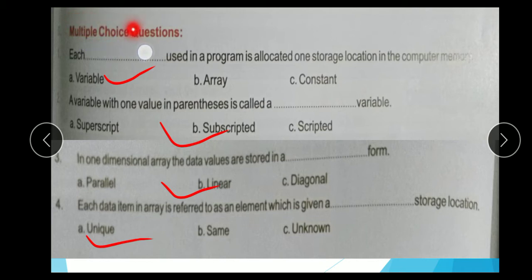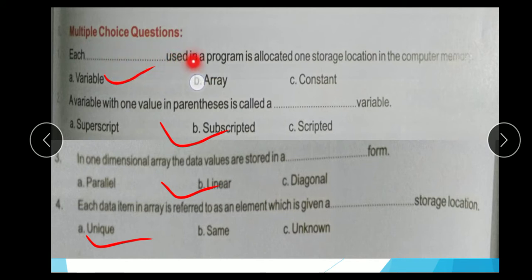Next, multiple choice questions. Question first, each dash used in a program is allocated one storage location in computer memory. Option A variable, option B array, option C constant. Correct option is variable.